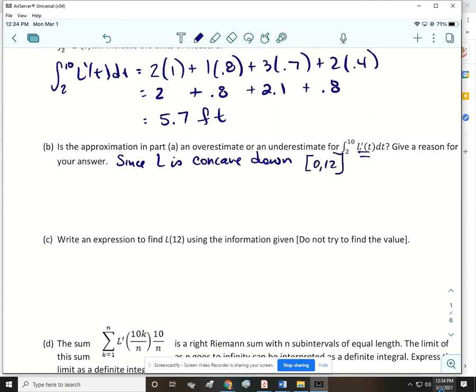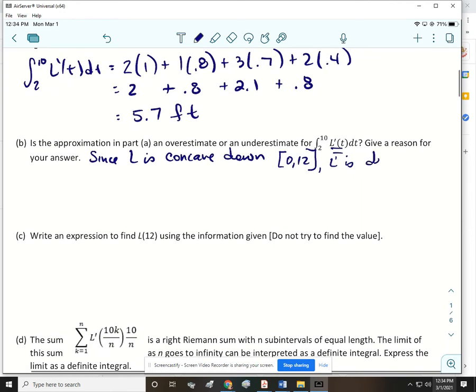I'm going to do it that way because it's faster. L prime is decreasing. We'll say on that interval.